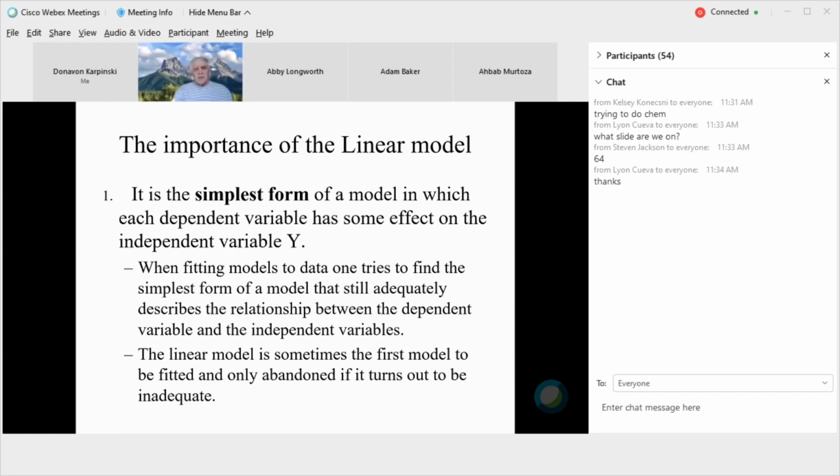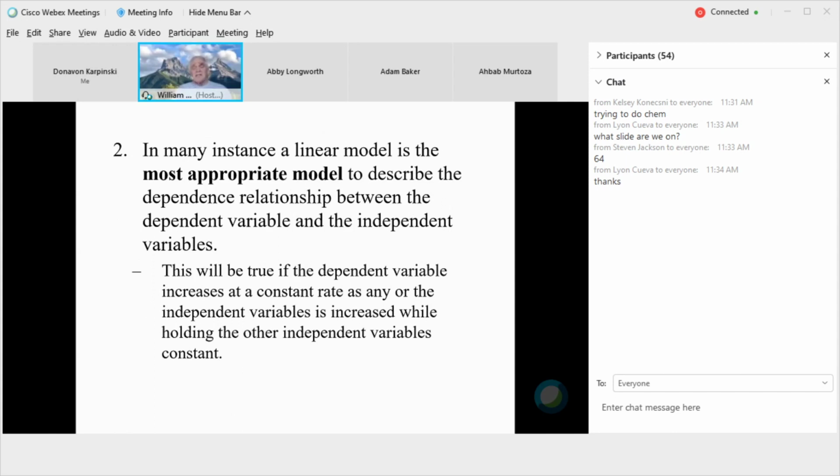The importance of the linear model. One, it is the simplest form of a model, in which each independent variable has some effect on the dependent variable y. So when fitting models, usually one starts with a linear model. Another importance is that quite often it could be the most appropriate model.